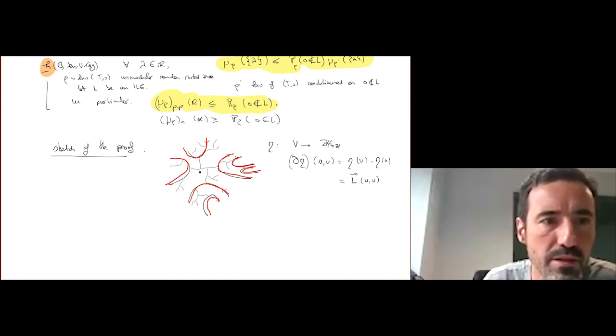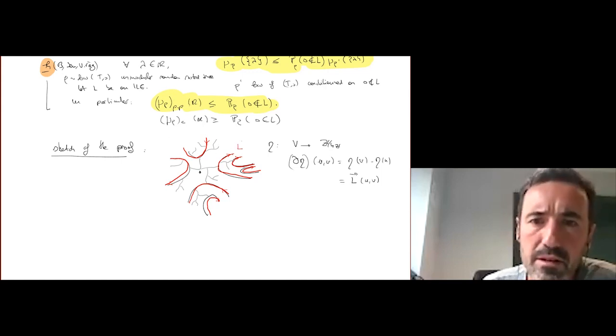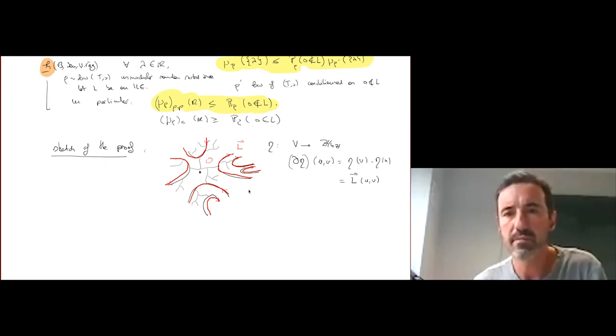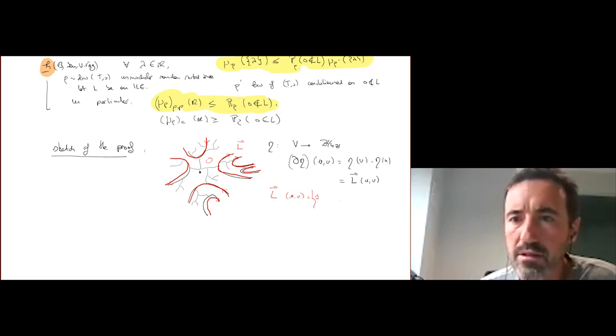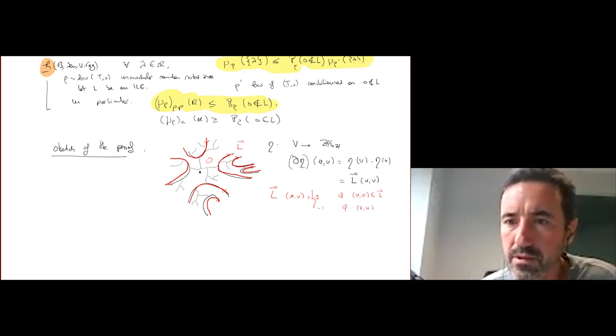So L(uv) is 1 if the oriented edge uv belongs to the line ensemble L, -1 if vu is in L, and 0 otherwise.